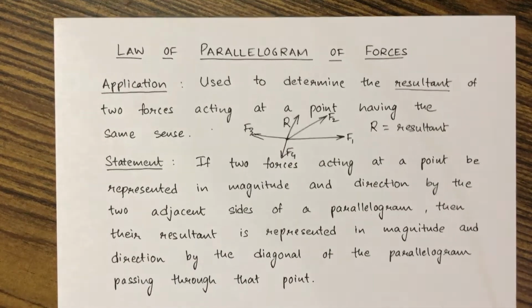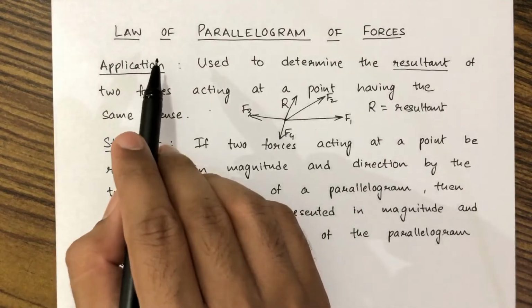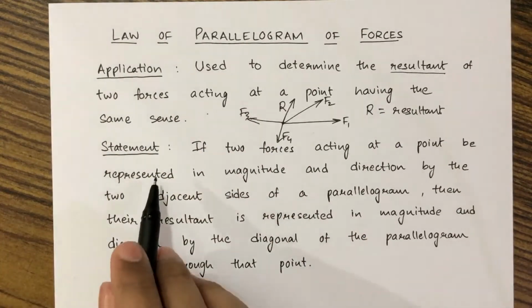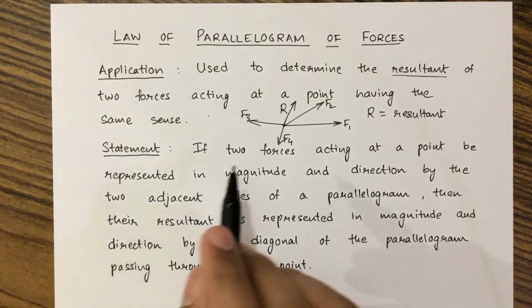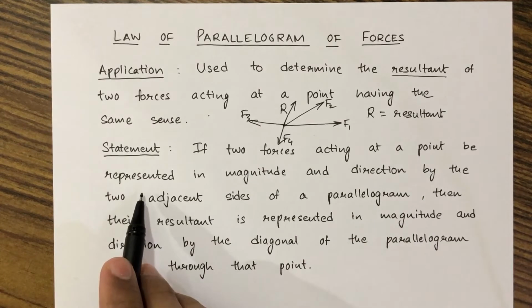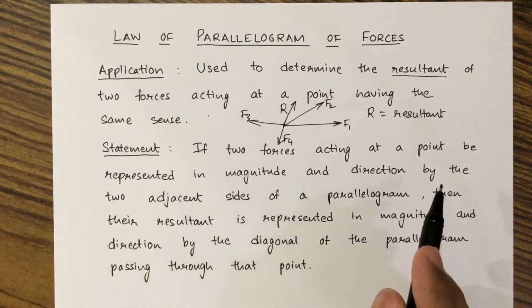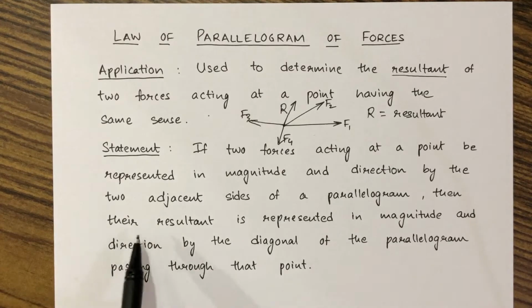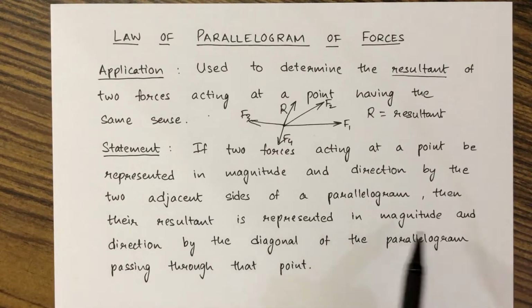Now, as far as the law of parallelogram of forces is concerned, the statement goes as follows. If two forces acting at a point be represented in magnitude and direction by the two adjacent sides of a parallelogram, then their resultant is represented in magnitude and direction by the diagonal of the parallelogram passing through that point.